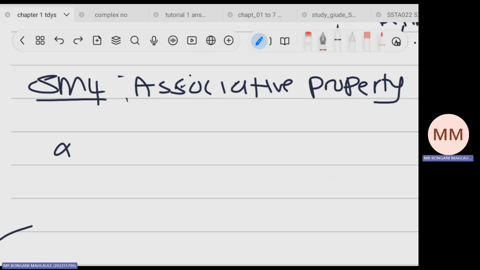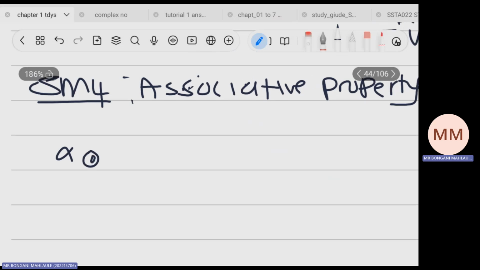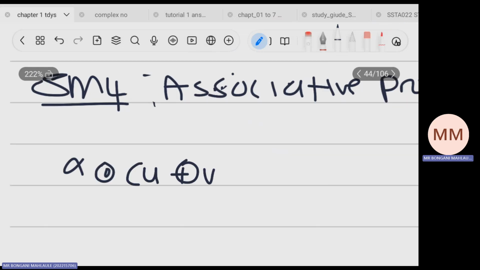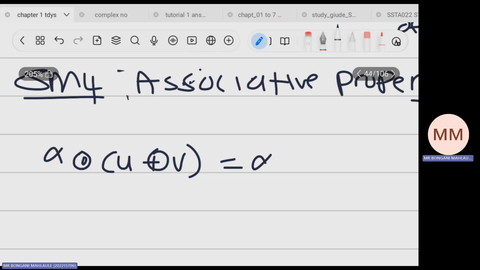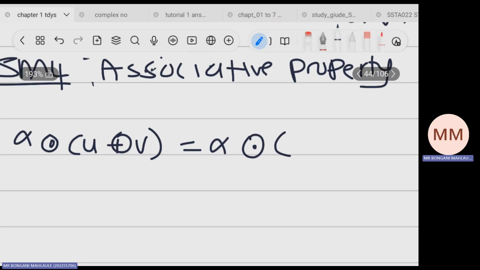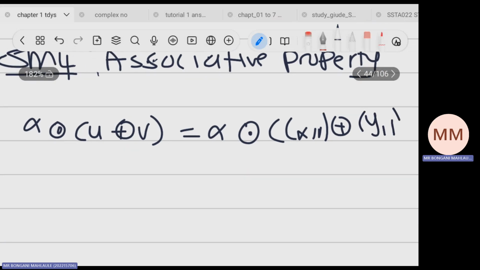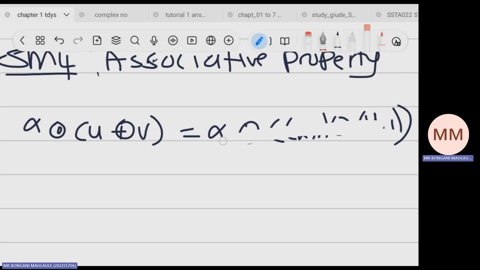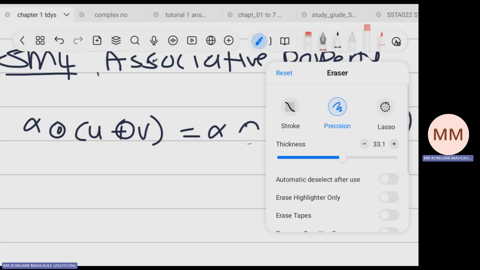Then you'll have alpha times u plus v. Then this is alpha dot, we know our u is x1, our v is y1. No, the one that I'm doing here is not the associative one. The associative one should be like this.